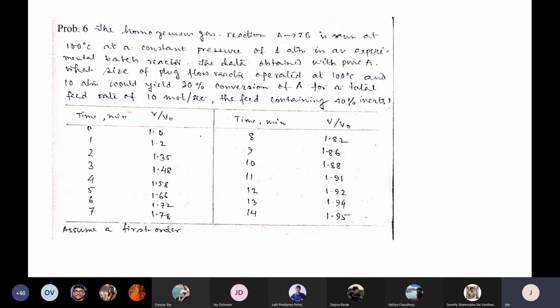The data obtained with pure A. What size of plug flow reactor operated at 100 degrees centigrade and 10 atmosphere would yield 80% conversion and 90% conversion of A for a total feed rate of 10 mole per second? The feed contains 40% inerts.